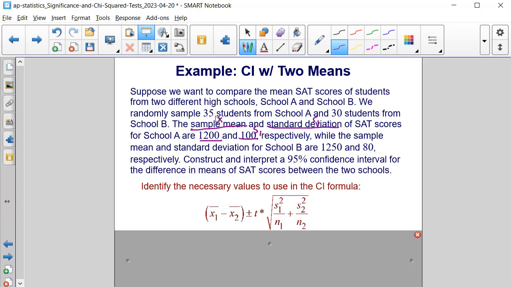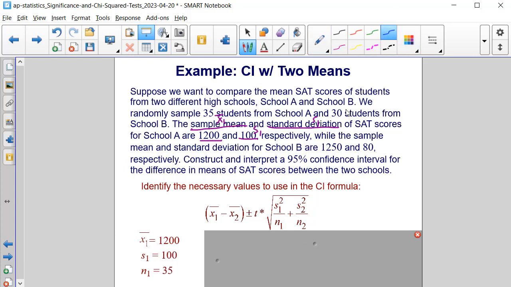So we know that x bar sub 1 is 1200, S sub 1 is 100, and our n value for school A is 35 students. So we have all of that data so far.